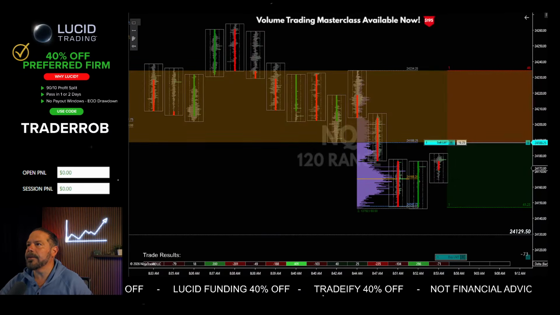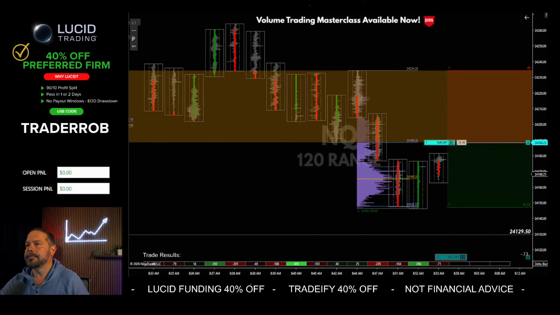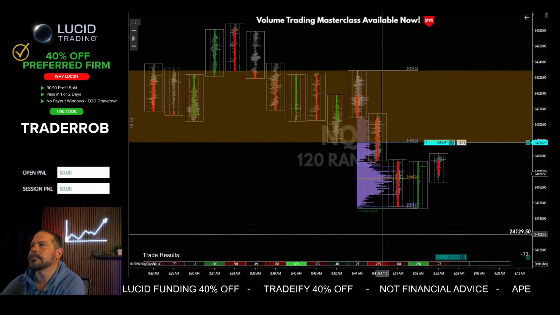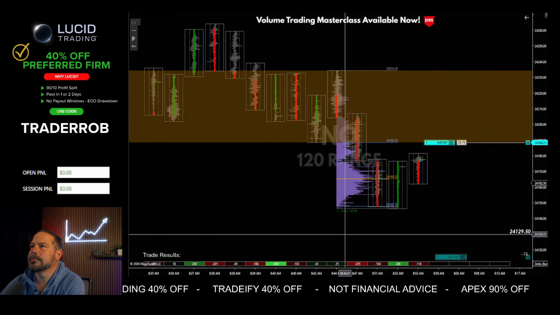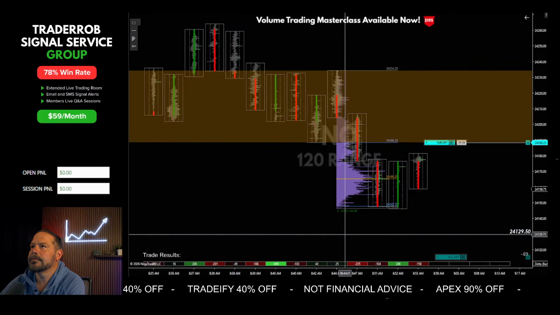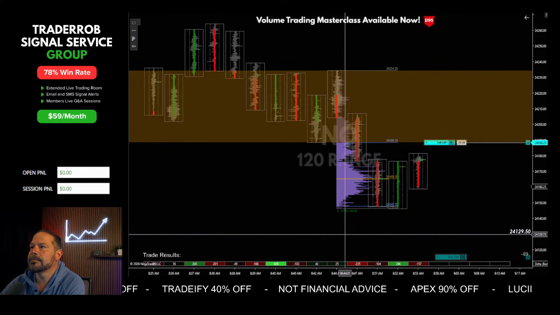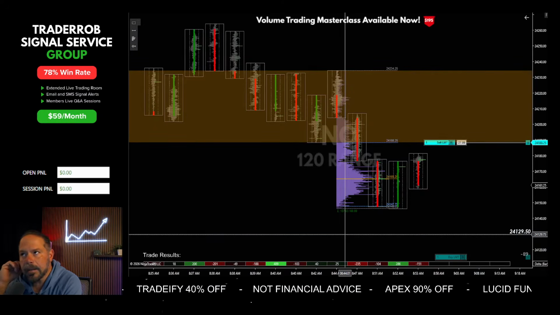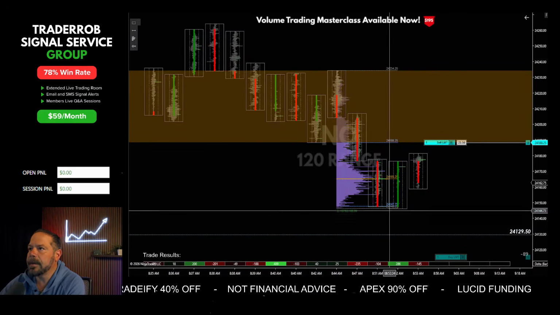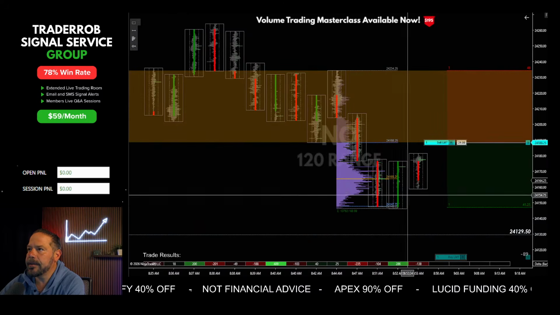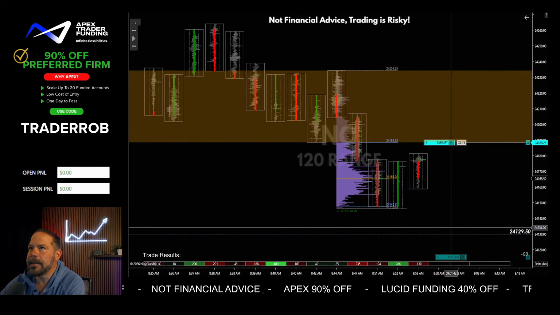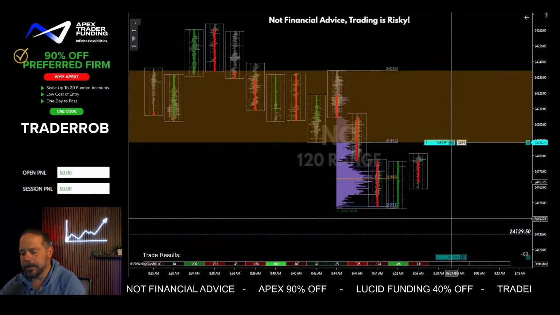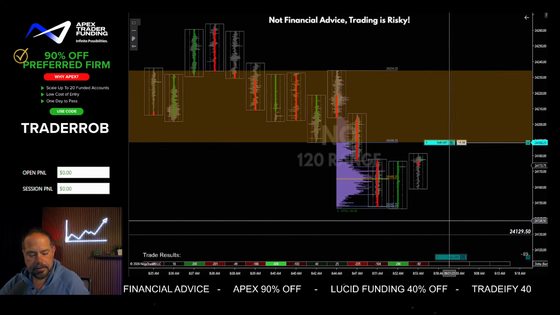Risk to reward is not the greatest here, but and again, if it takes out your TP, then this is invalidated at this point, and we move on to the next move.